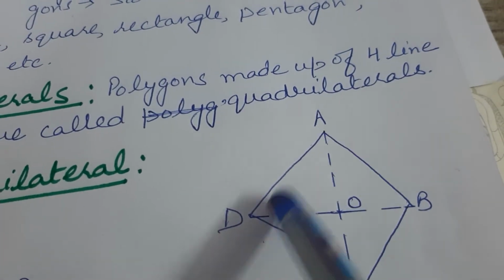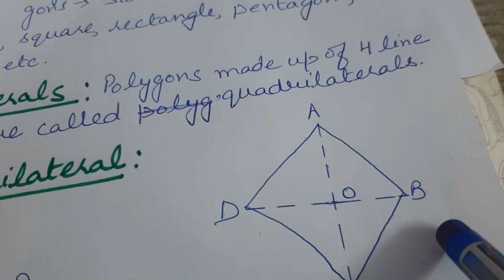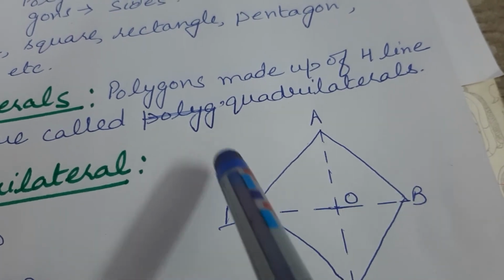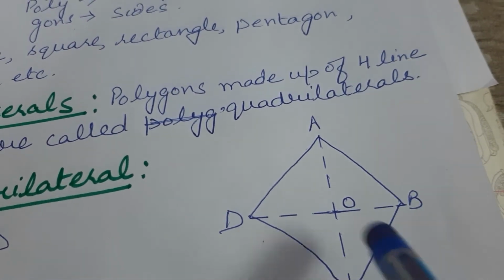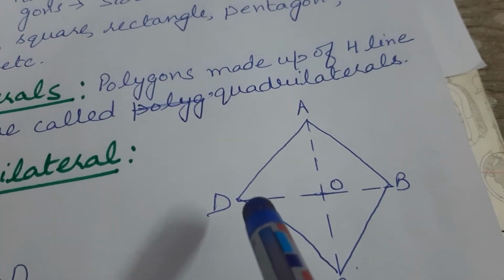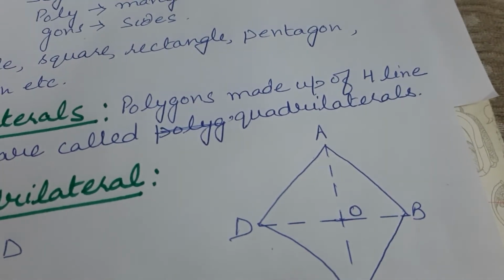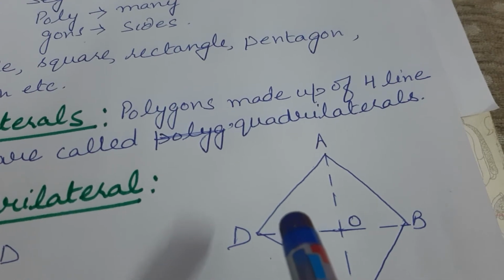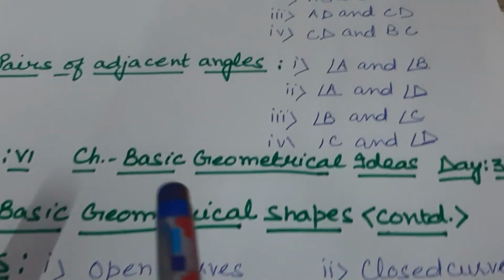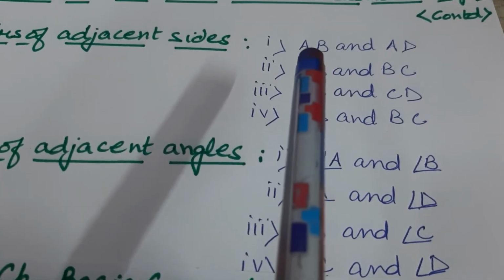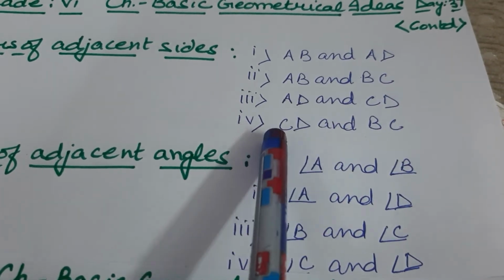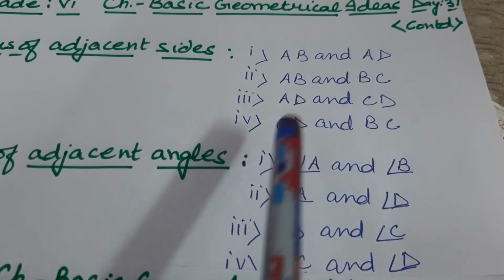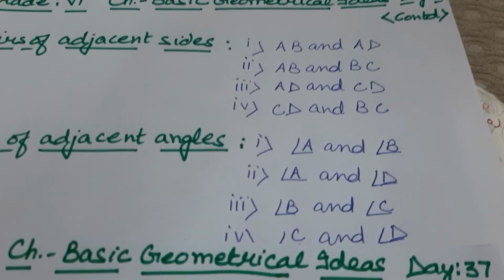Then AD and AB. These two are also adjacent. Next, these two are adjacent. Similarly, these two are adjacent. So how many pairs of adjacent sides? Four. I have written: AB and AD, AB and BC, AD and CD, CD and BC.